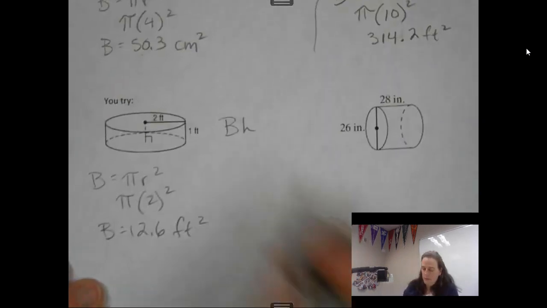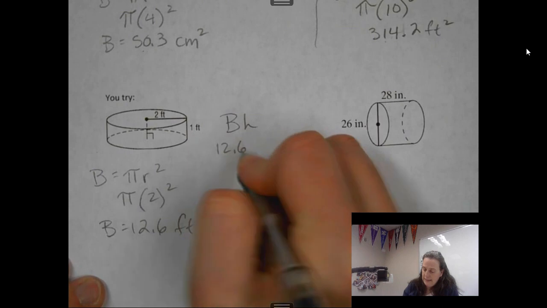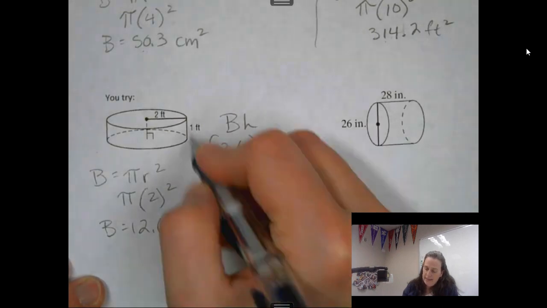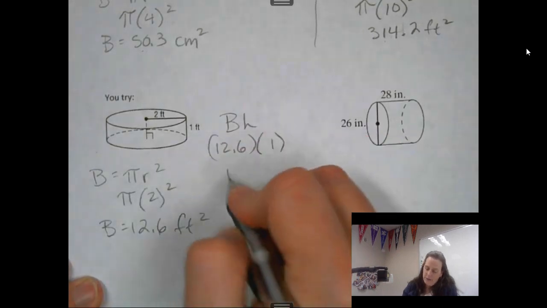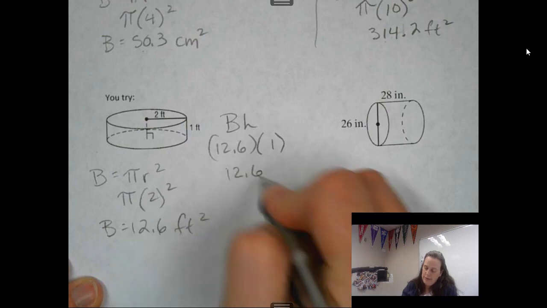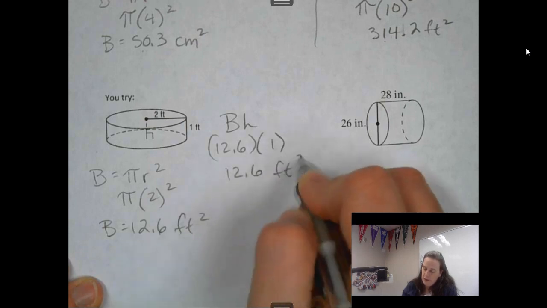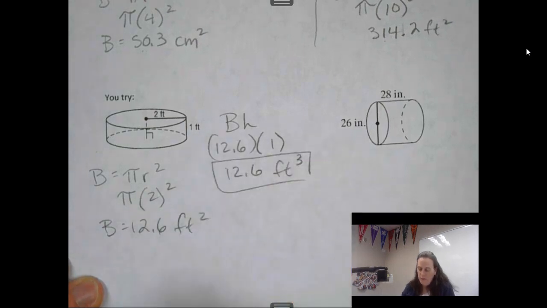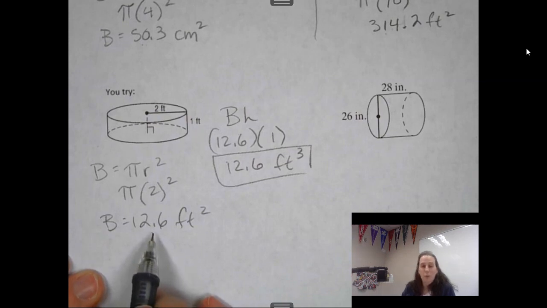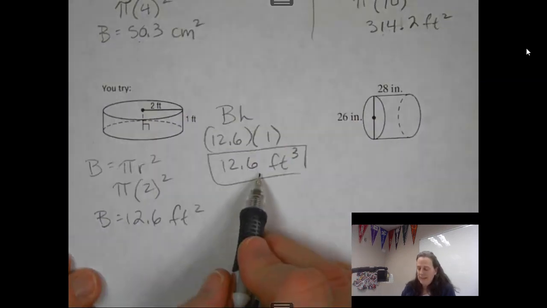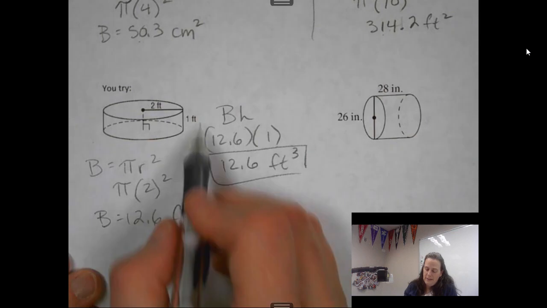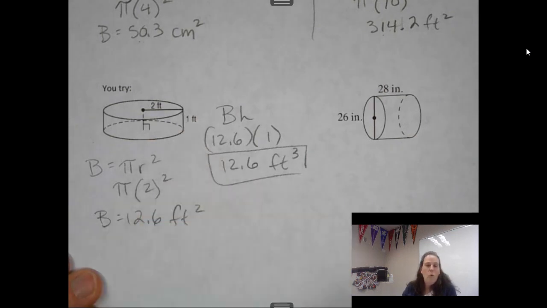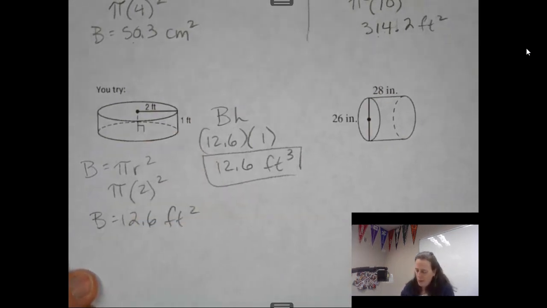And we got to plug that in up here. 12.6 base, and our height is just 1. That's not going to change very much, is it? 12.6 feet cubed. So it went from being 12.6 square feet to 12.6 cubic feet, since there's just a height of 1. That third dimension is just 1.